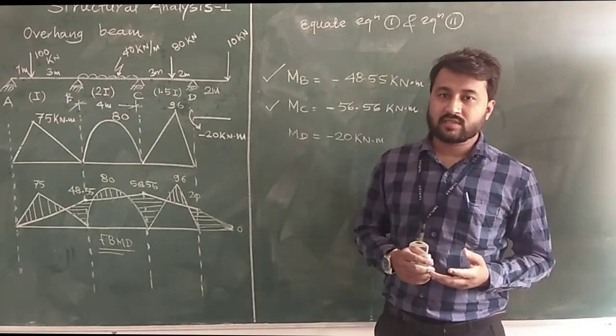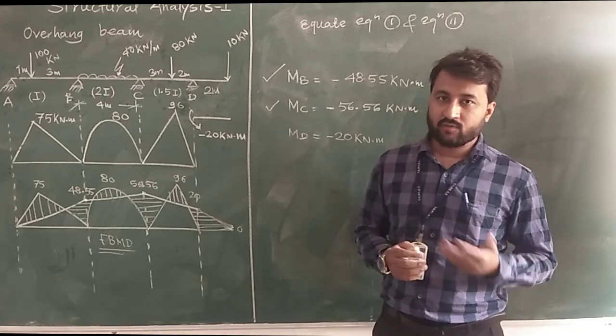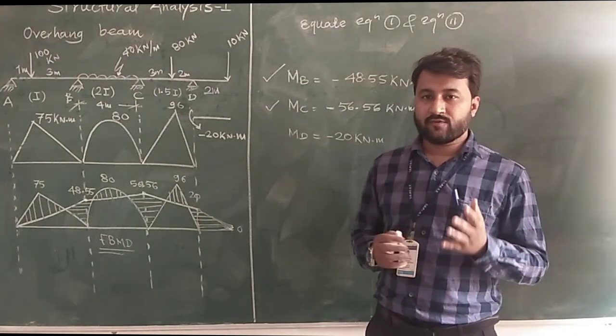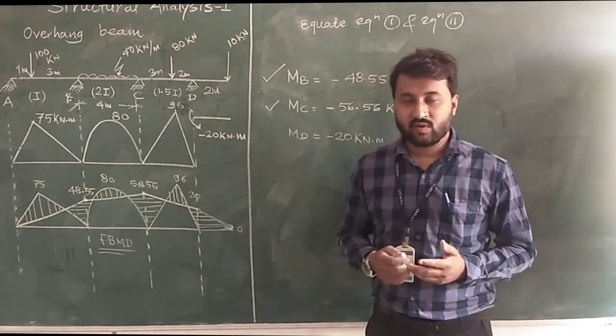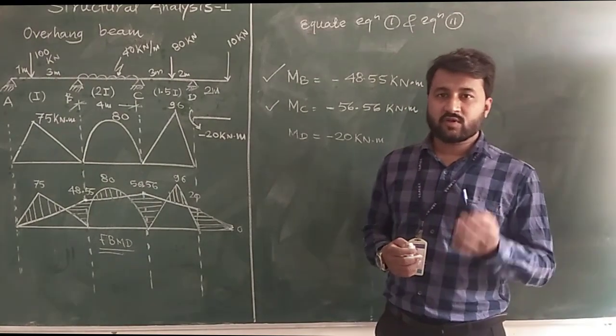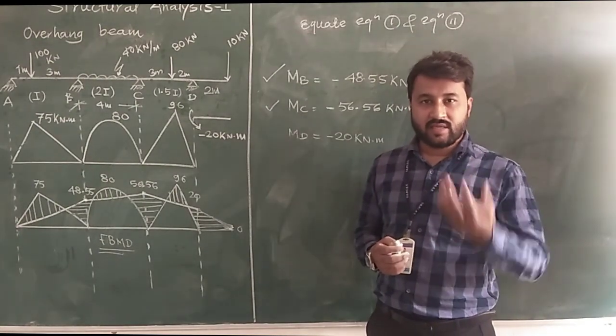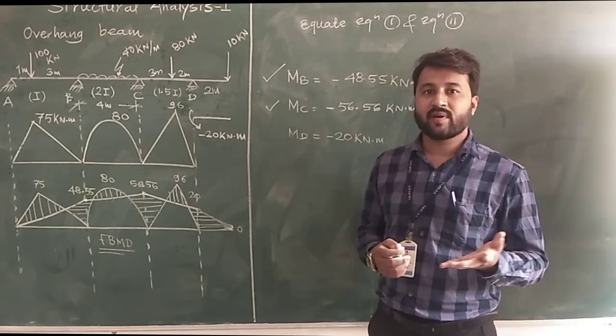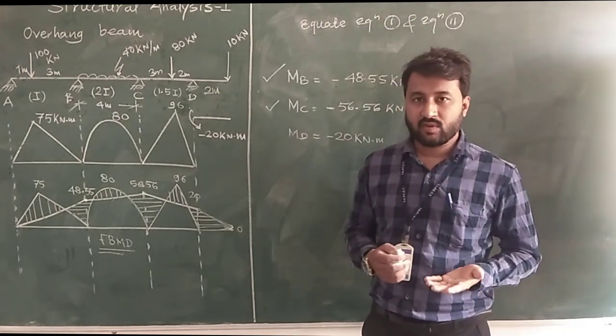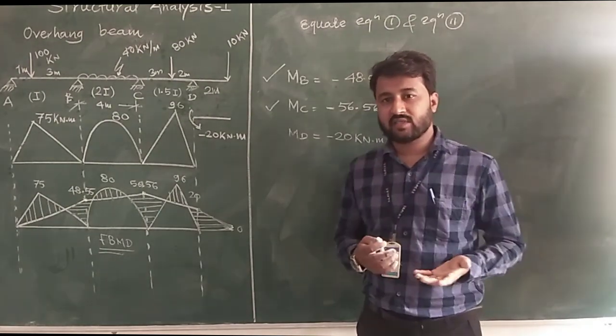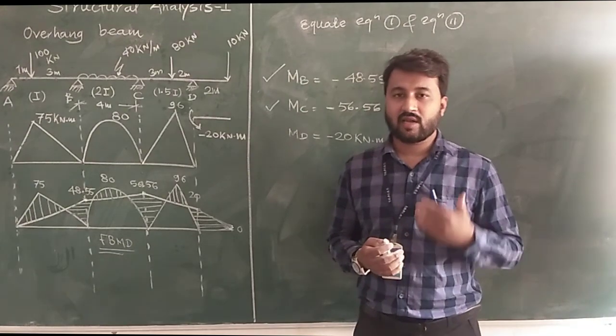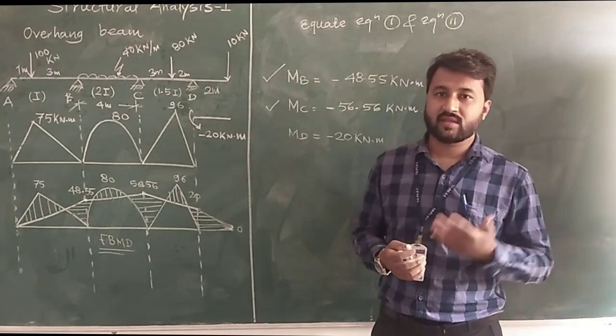In the next lecture, we will see how to calculate if the beam has four spans. In that case, the four spans have three unknowns, and we have to apply the three moment theorem three times. We will form three equations, equate them, and calculate the three unknowns from the three equations.